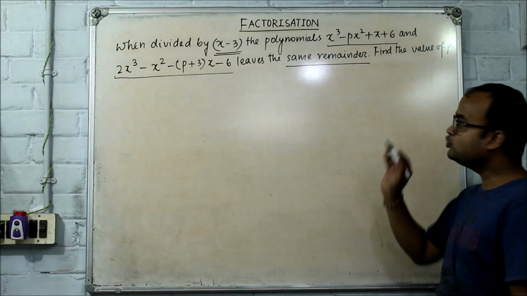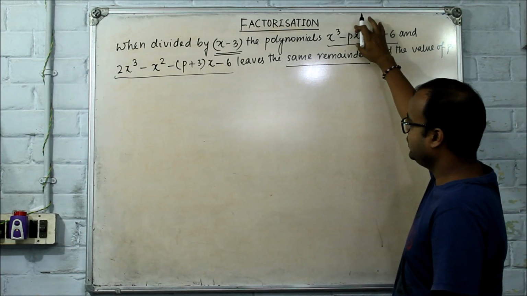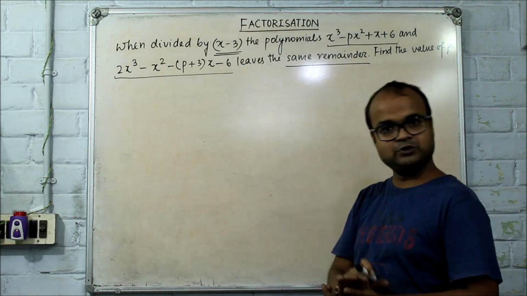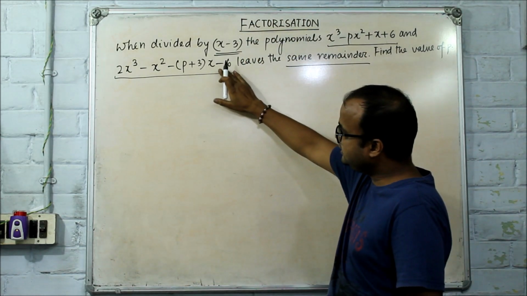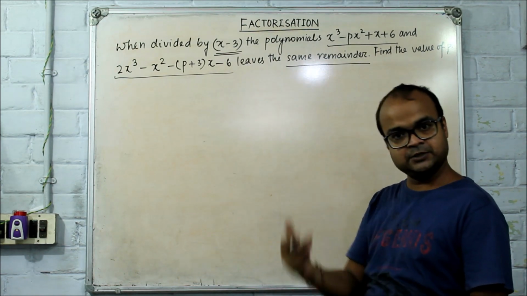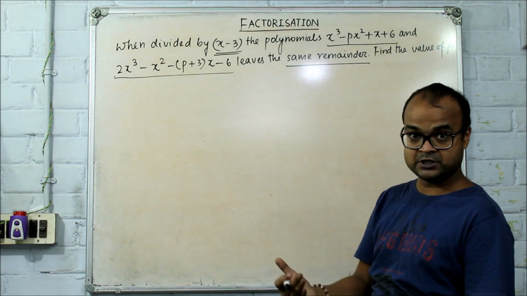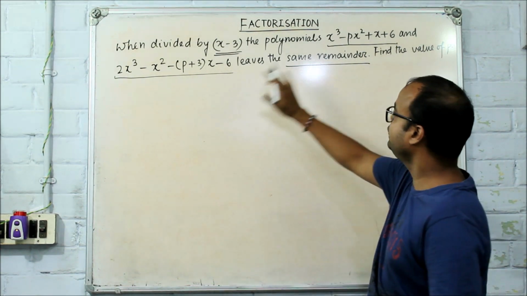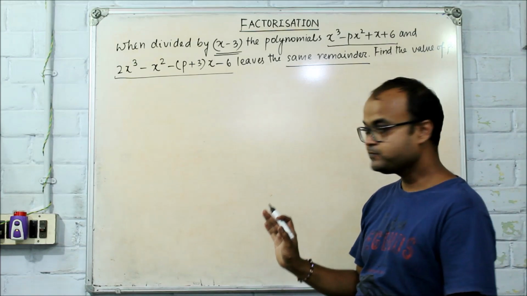That means if this polynomial is divided by x minus 3, you will get one remainder. Similarly, if this polynomial is divided by x minus 3, you will get a remainder once again. Those two remainders are equal. So we have to find the value of p.